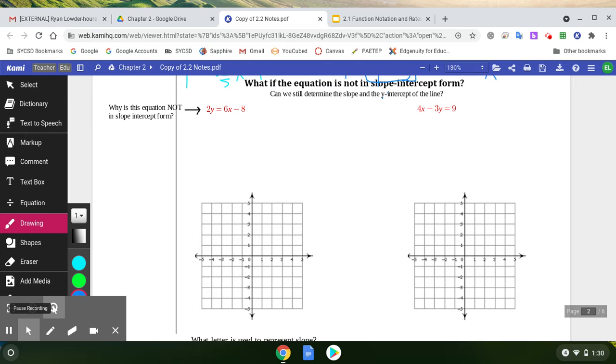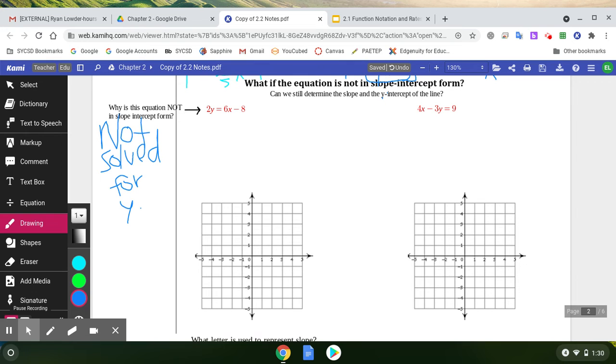So this equation is not in slope-intercept form because it is not solved for y. Any linear function written in slope-intercept form starts with y equals.